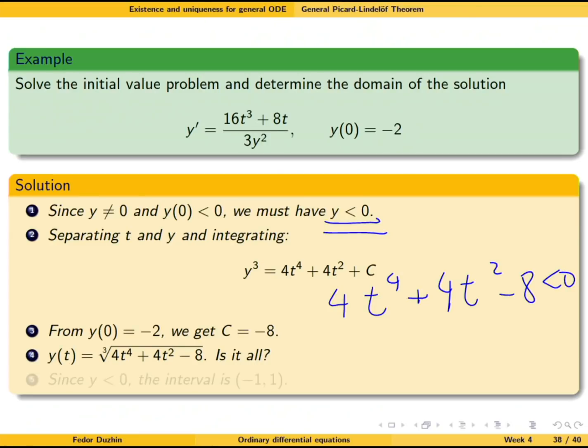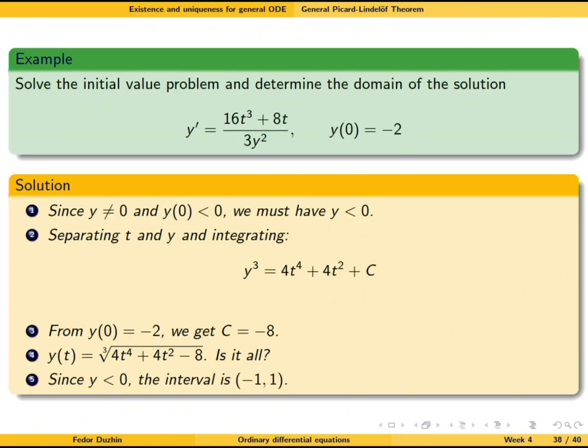So you will have to solve this inequality. And when you solve this inequality, you will see that t has to be between -1 and 1 in order for it to be satisfied. So the final answer is actually the interval from -1 to 1, and this is to ensure that y is negative.